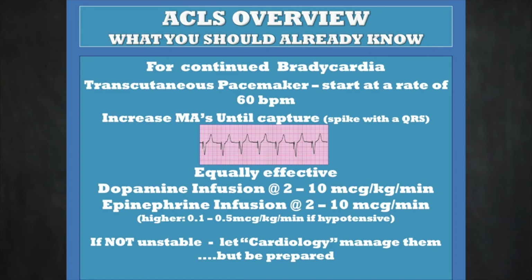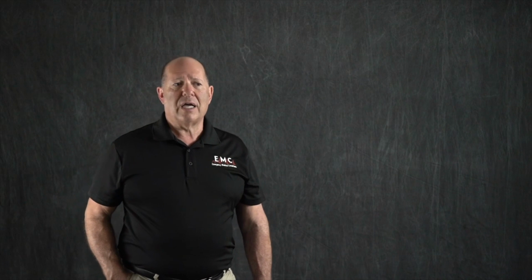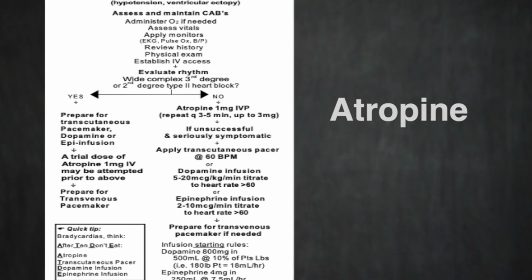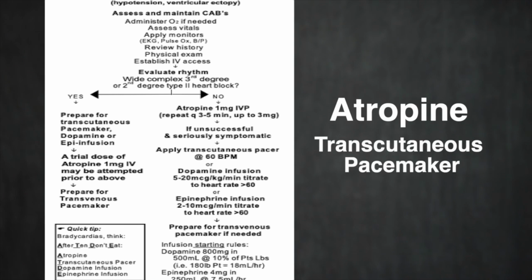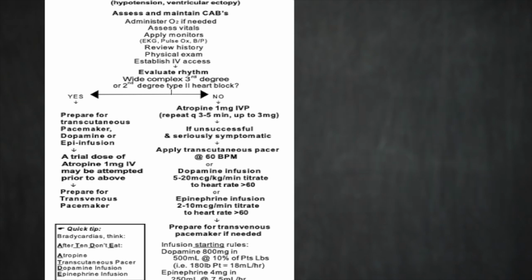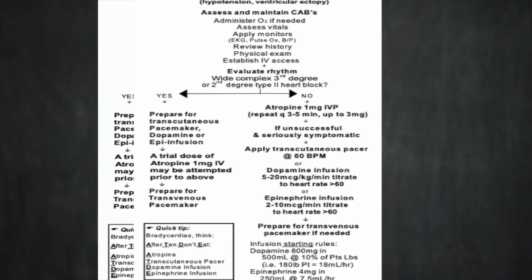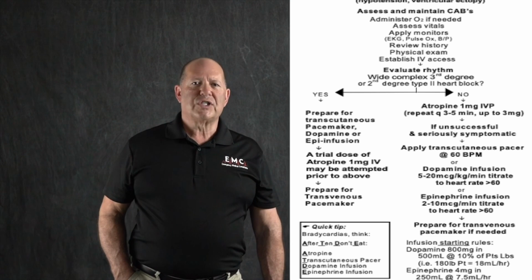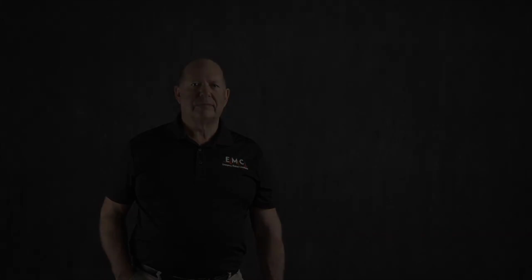So what the American Heart Association, the ECC Council, and the American Red Cross tell us is that it is acceptable for bradycardia to use atropine when appropriate, or a pacemaker, external pacemaker, or an infusion of either dopamine or epinephrine in order to bring the patient's blood pressure back up. So this algorithm reviews each of the steps for bradycardia and the potential options at the physician's discretion.